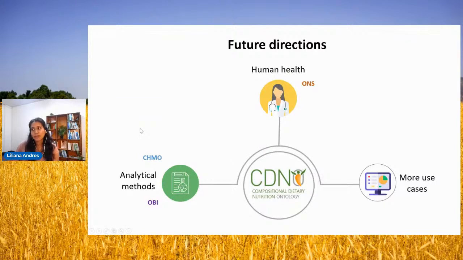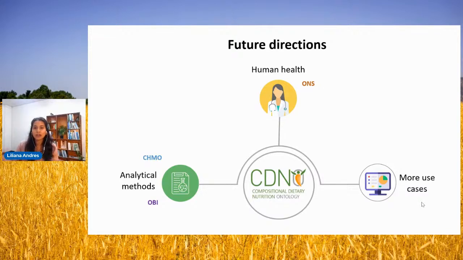So I just want to mention a bit of the future directions where CDNO is heading. We have information related to analytical methods. And I think a collaboration between the Chemical Methods Ontology and the Ontology for Biomedical Investigations might be necessary. So we will need to contact the people from these specific ontologies. We, of course, need more use cases. I think what we have is just the tip of the iceberg.